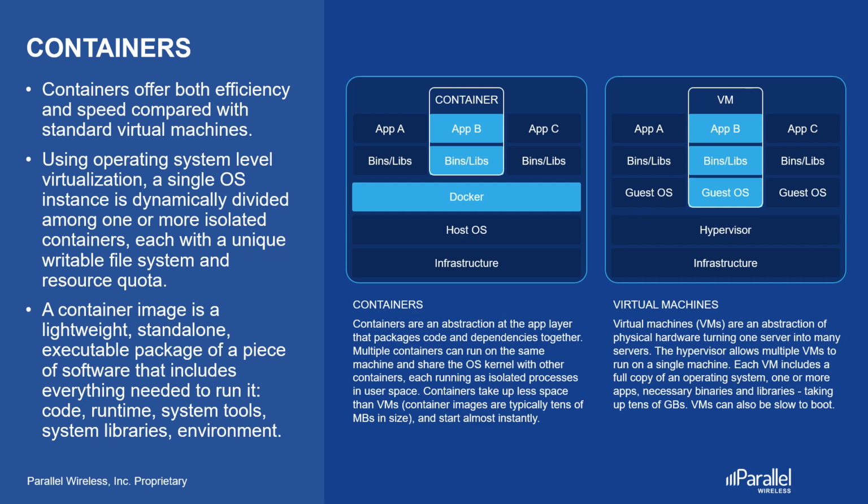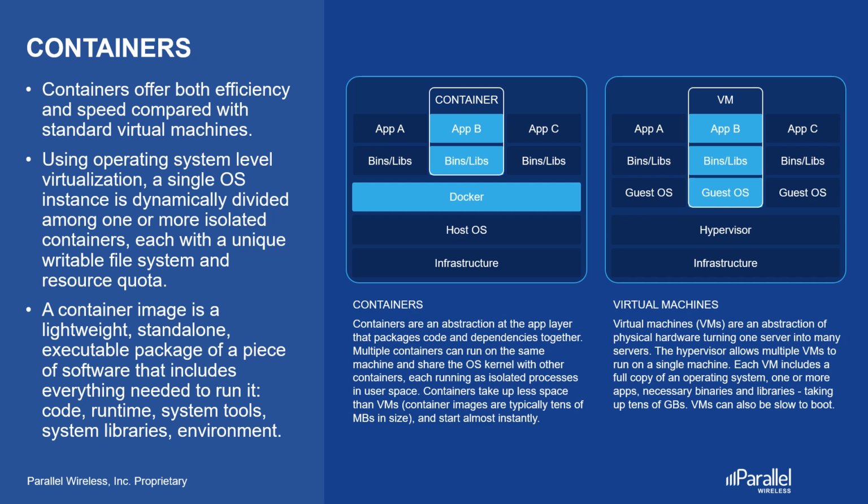Using operating system level virtualization, a single OS instance is dynamically divided into multiple isolated containers, each with a unique writable file system and resource quota of its own. Container images are typically in MBs and start almost instantly. A container engine, like Docker, is a lightweight layer that enables running containers.